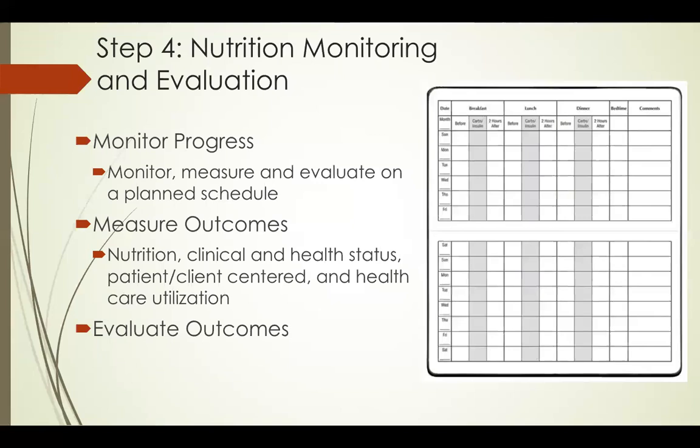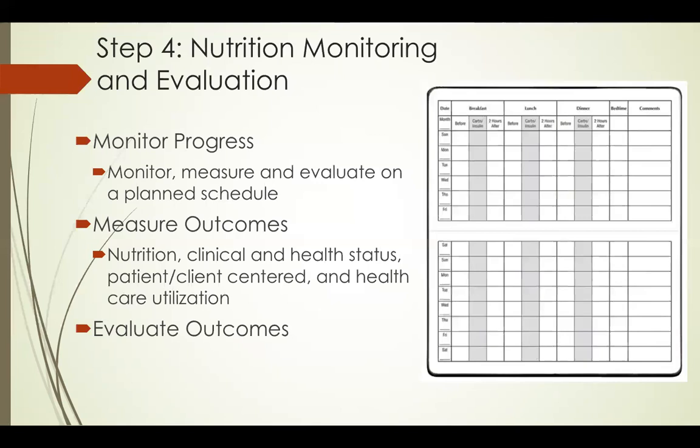I could also look at blood glucose records, which is shown here. So for example, if my patient, when I first meet them, has blood glucose values in the 200s, when I check back in with them 2 weeks after I've done some nutrition counseling and education, and I see blood glucose levels in the 170s, even though it's not perfect, I'm going to say that was pretty good progress and we're on track.